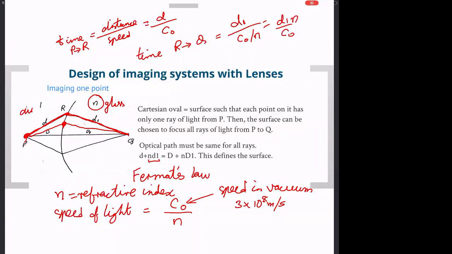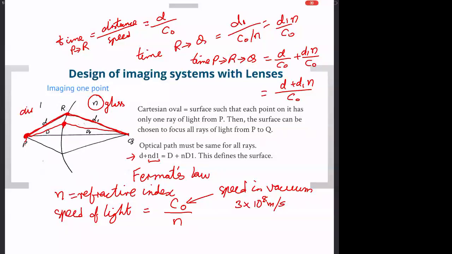So the time for the photon to go from P to R to Q is now d over c naught plus d1 times n over c naught. Then of course I can take the c naught out, so I'll simply get d plus d1 times n. And that's exactly what I have here.